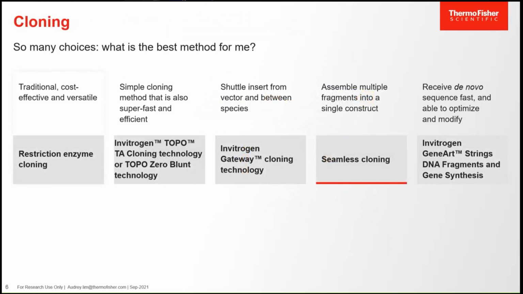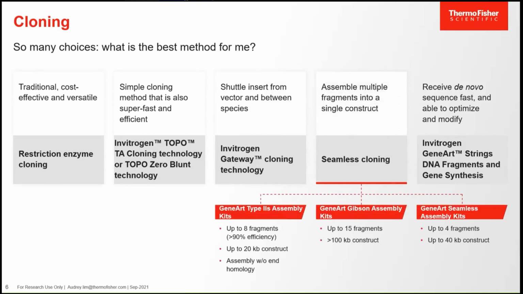If you need to shuttle your insert between vectors and between species, Gateway cloning technology is designed for this. Next, if you need to clone multiple fragments into a single construct, there are a variety of seamless cloning kits available depending on the number of fragments that you want to insert. And finally, we can also order custom genes and constructs with the GeneArt service.